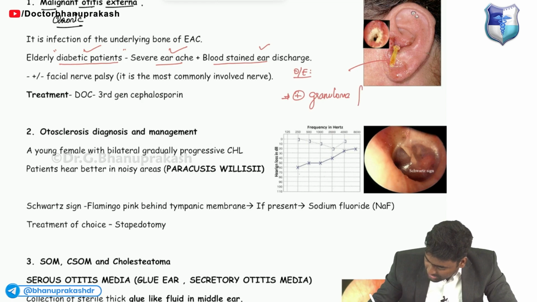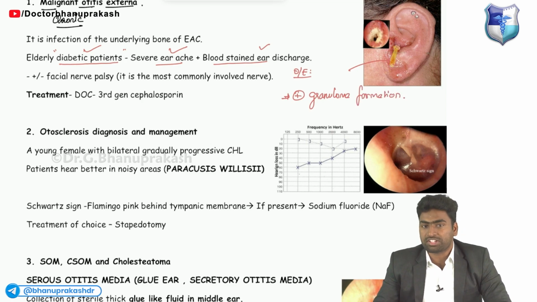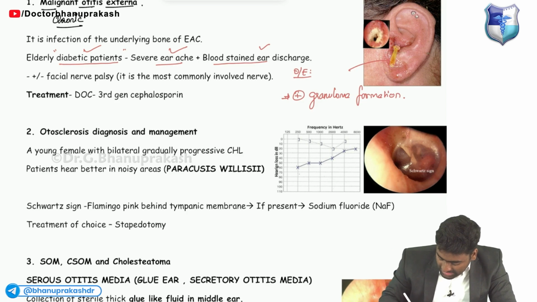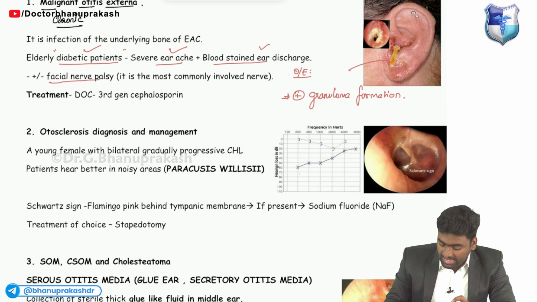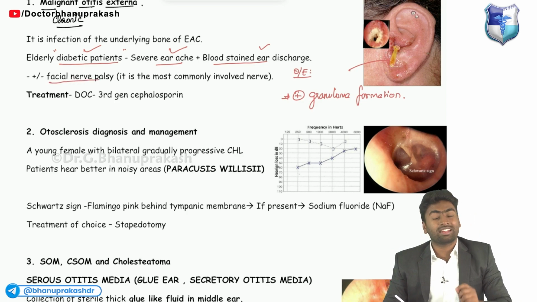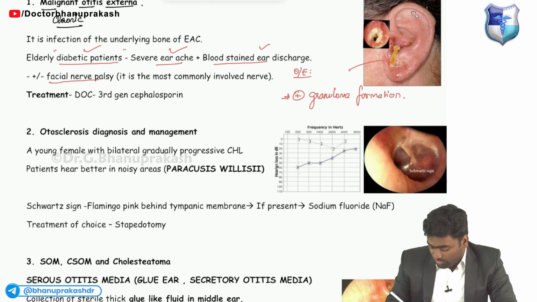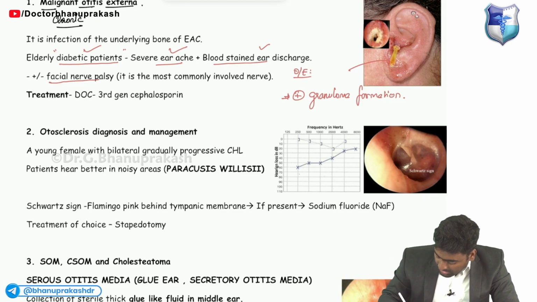Around the middle layer the patient will be coming, and in some cases this otitis externa can extend into the middle layer, and it can cause facial nerve involvement and facial nerve palsy as well. For treatment of these conditions, we'll give third generation cephalosporins.